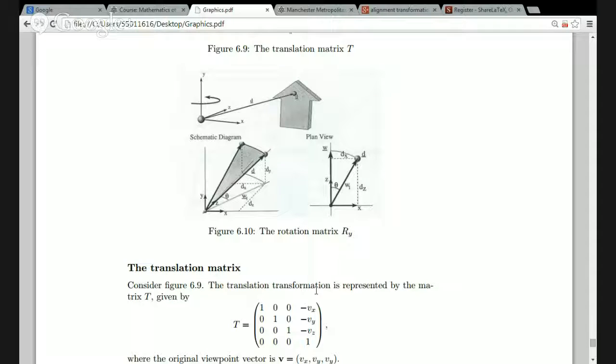The center of view is now at this vector d prime. There's some angle here, phi, which we want to rotate away. We want to bring d down onto the z-axis.